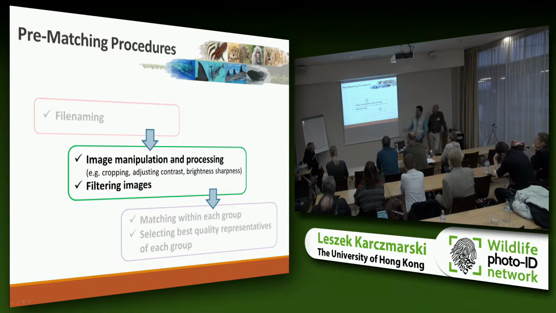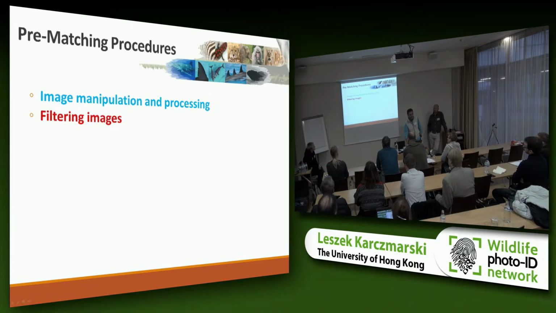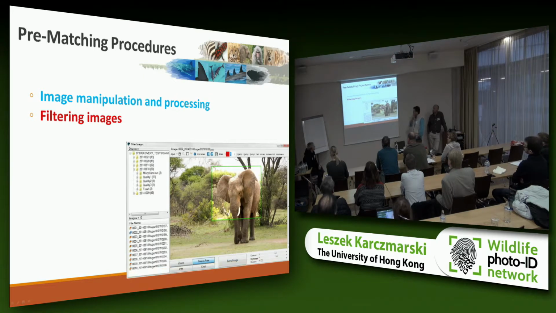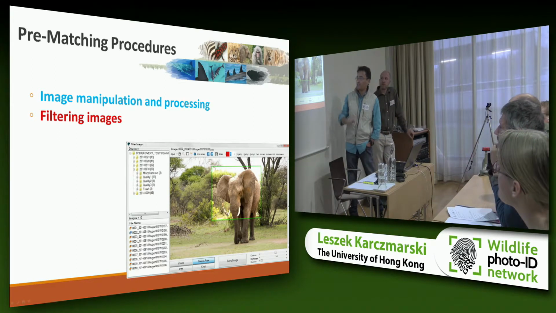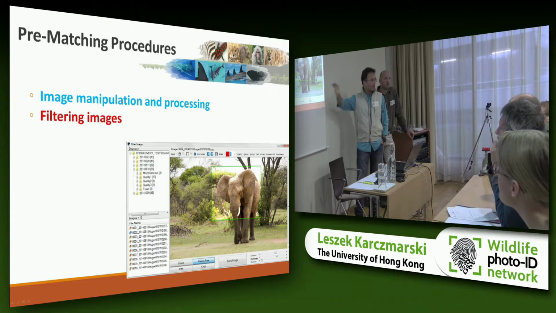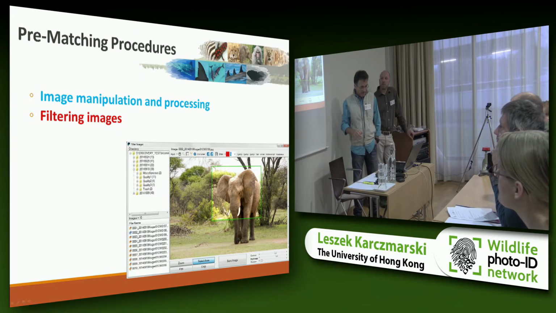And then comes this tedious process of filtering and processing the images, potentially cropping, looking at those parts which are really important, that have all these identifiable characteristics. So if we have an image, like in our case with the work in Africa with elephants, you select this part that you really want, that contains the information. You can get rid of all this background.